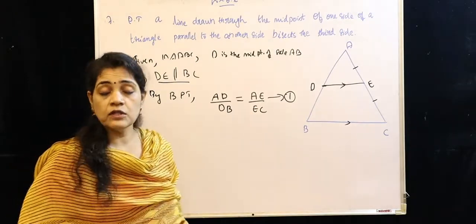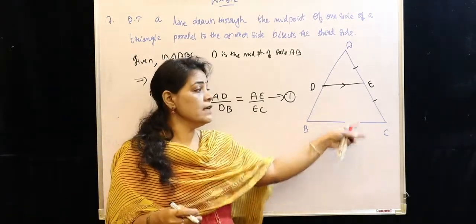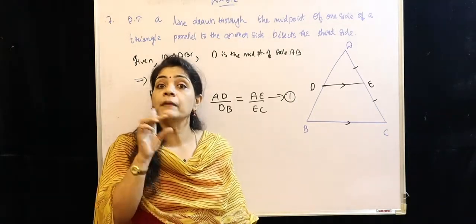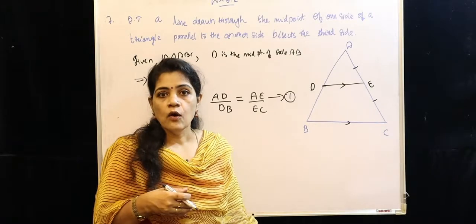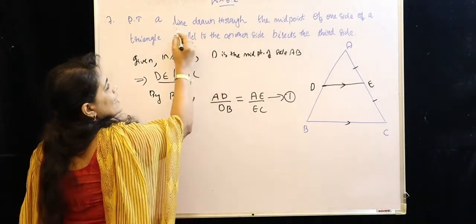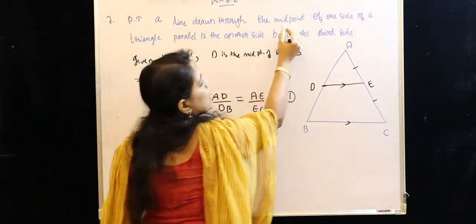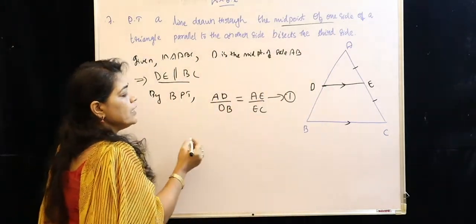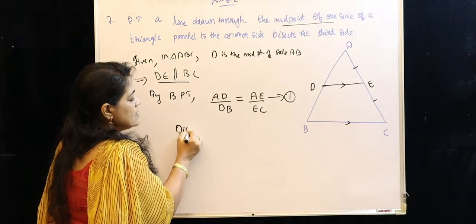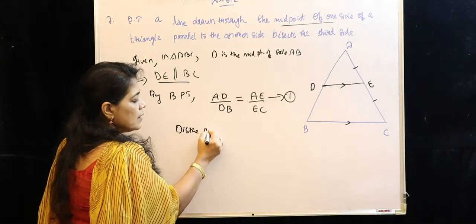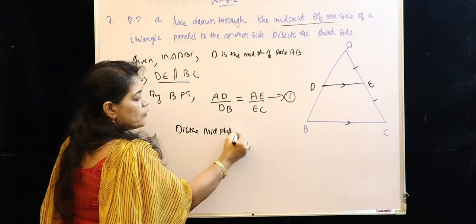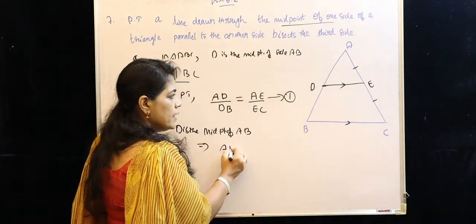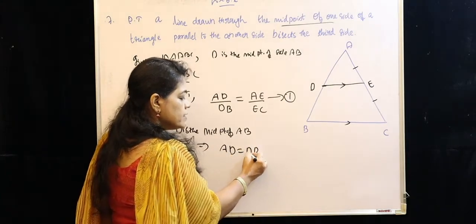In the question itself, it is given that DE is parallel to BC, and also that D is the midpoint of AB. See children, the line is drawn through the midpoint of one side. Since D is the midpoint of AB, AD equal to DB, right?